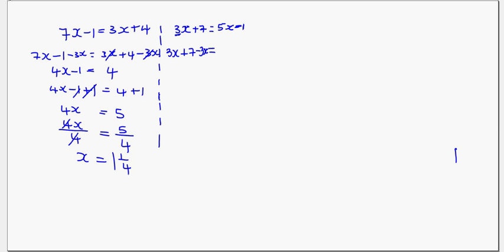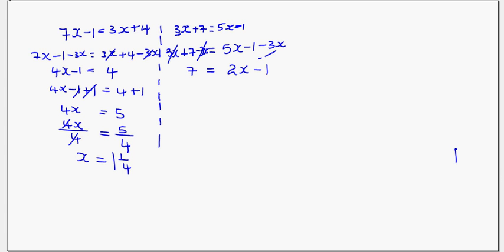And if I do it on this side, which is the left-hand side, I have to also do it on the right-hand side as well. So what happens here is that this 3x is going to cancel out with the minus 3x, so I'm going to end up with 7. And this is going to be equal to 5x minus 3x, which is 2x minus 1.